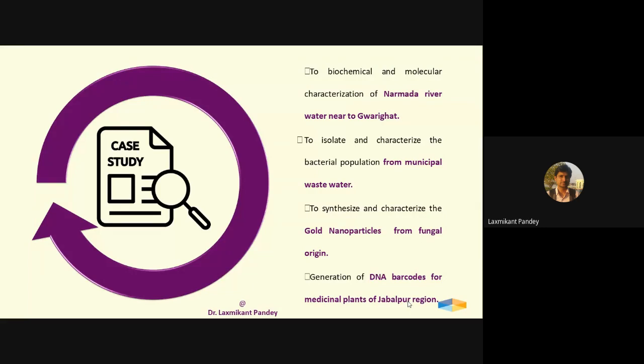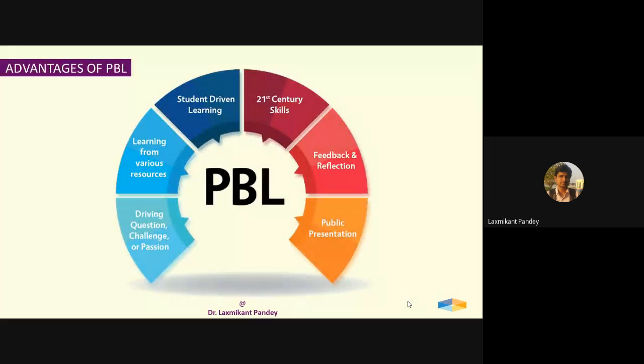So the student is going to that particular area, and for that he has good interaction with the other fellows, the local persons. So the communication skills definitely develop among the students, and the driving question challenges for passion. So they are learning from various sources. These are some very good advantages of project-based learning.